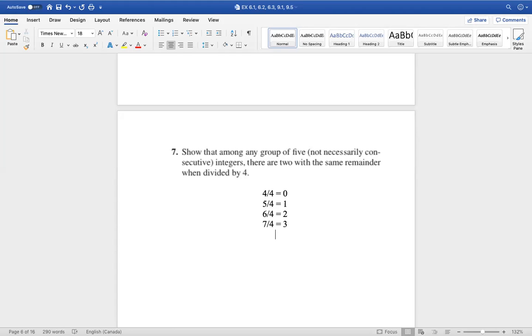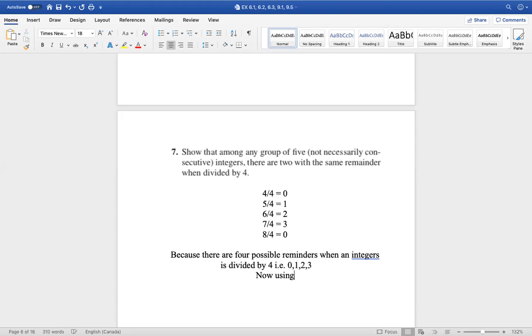The next consecutive number is 8, so we divide by 4, we get remainder 0. So because there are 4 possible remainders when an integer is divided by 4, that is, the possible remainders are 0, 1, 2, 3.